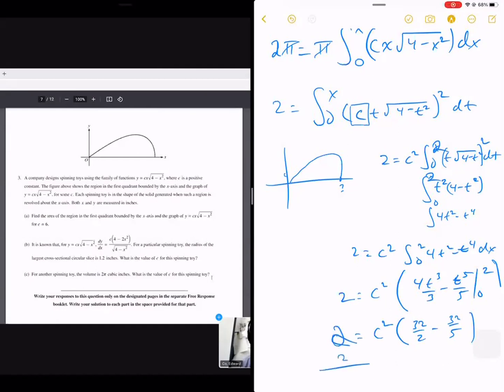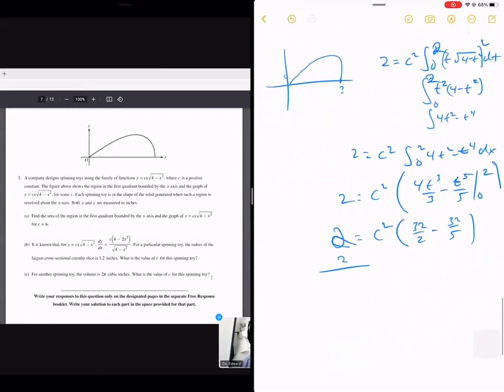So it's 2 over this bunch of junk, and then we take the square root of 32 over 3 minus 32 over 5. So they ended up with the answer of square root of 15 over 32.